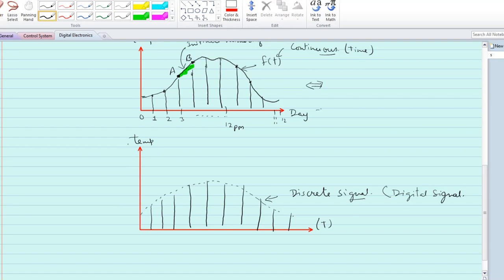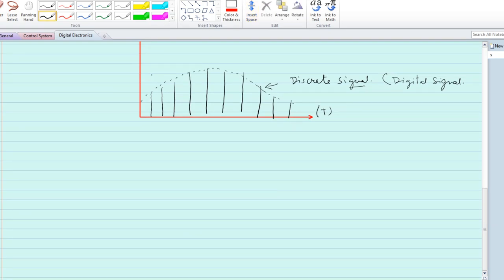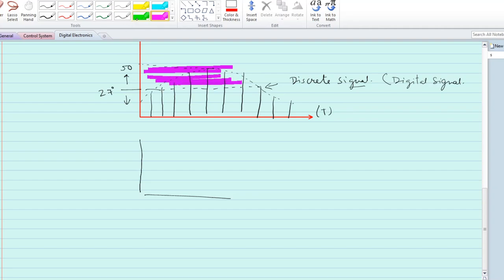Okay, now if we quantize this signal, that we set two values, whether the temperature is above our room temperature 27 degree or below 27 degree, then you can say that in this part of the region your temperature is higher than 27 degree, whereas in this region the temperature is below 27 degree.